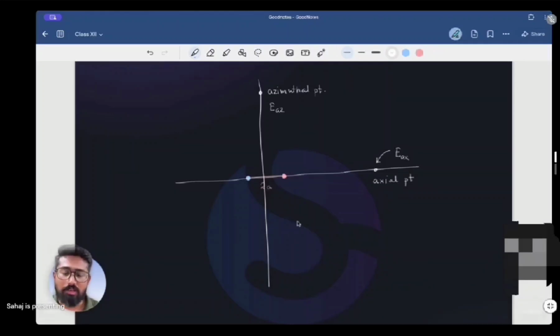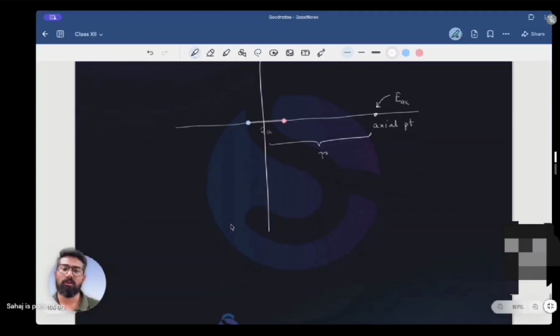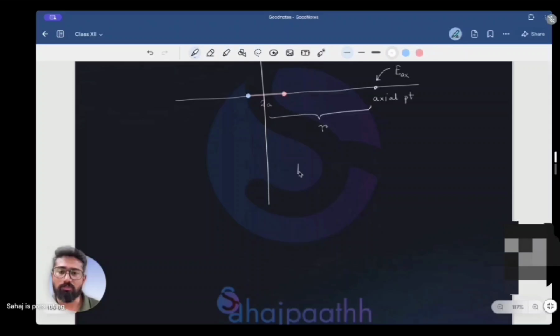So let's look at the axial point. Let's say it's at a distance of r, this point. What's the field? Electric field, we'll use the superposition principle. Total electric field must be the sum of the electric field due to the positive charge plus the electric field due to the negative charge.